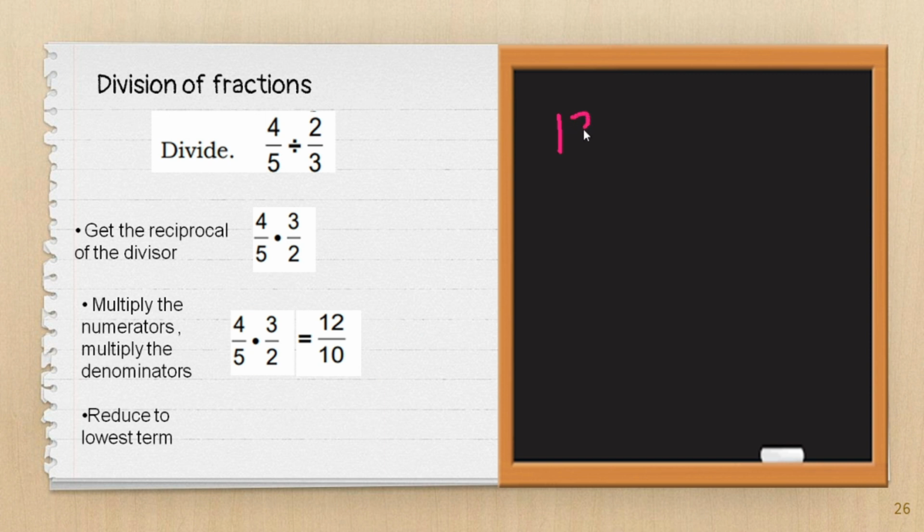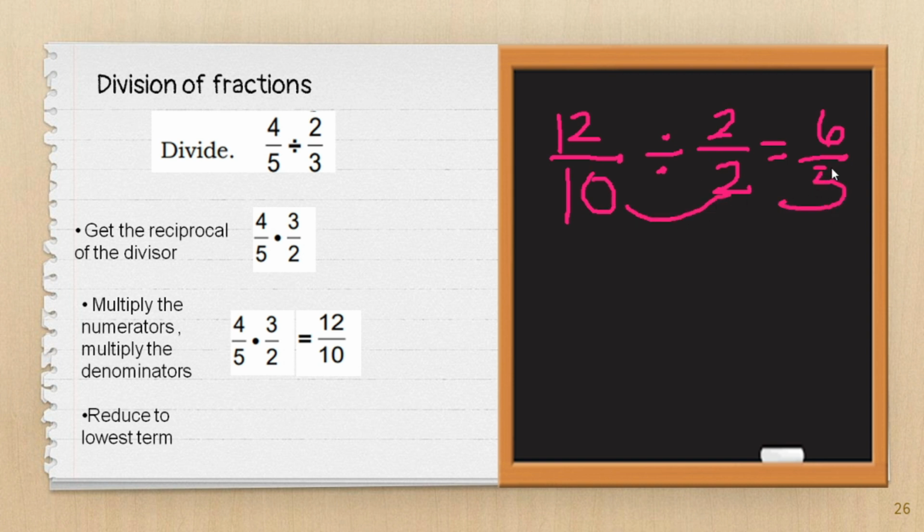Pwede pa natin siyang paliitin. We can still divide this to 2 over 2. So, we have 12 divided by 2 is 6. 10 divided by 2 is 5. Okay, so we have 12 over 10 or 6 over 5.